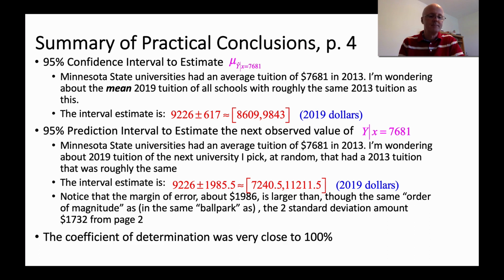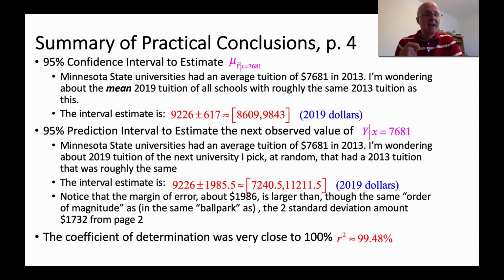We also saw that the coefficient of determination, R squared, is very close to 100%, 99.48%, and R itself, the correlation, was also 0.99 something, I think. Yeah, it would have to, because R squared would be a little smaller. So that's just telling you that this is a very strong linear trend, and we saw that with the original graph. Those points were practically almost exactly on the regression line.